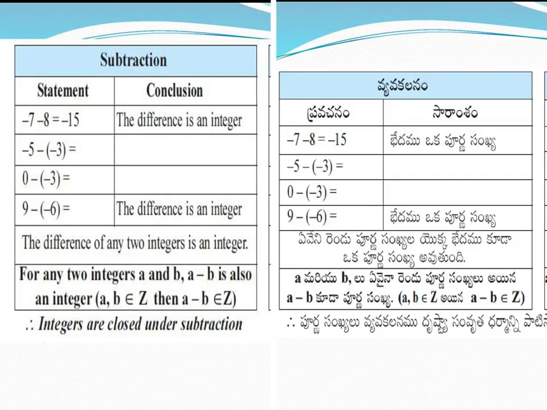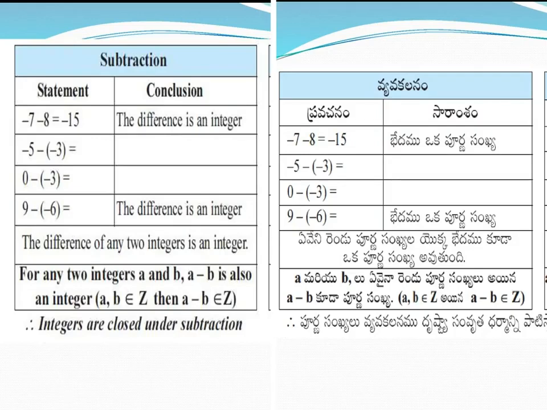Suppose we take the first statement in subtraction, minus 7 minus 8 is equal to minus 15. Means the difference of these two integers, minus 7 and 8, we subtract these two, minus 7 minus 8 is equal to minus 15, means the difference is an integer.